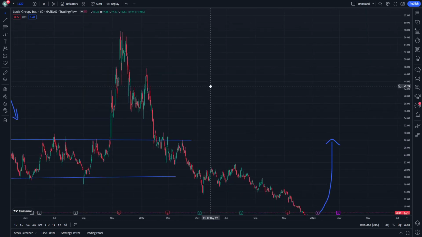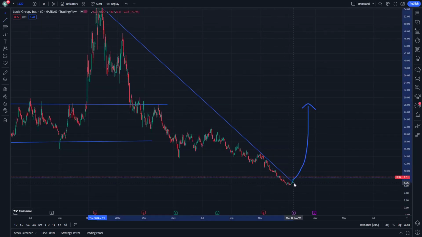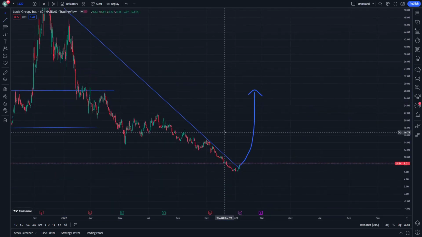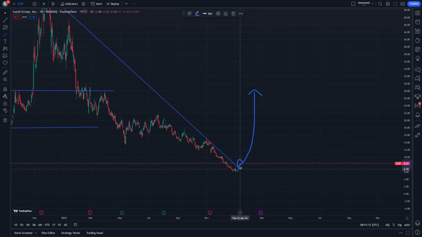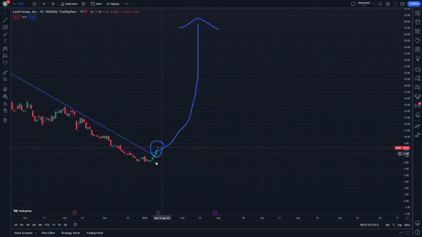So since we can see the slope line here, we can see this part is touching here. So this is the end of the move in Lucid stock. The start of making a new wave was on 12 January, maybe 11 January, and it made one green candle and one red candle that is not completed.